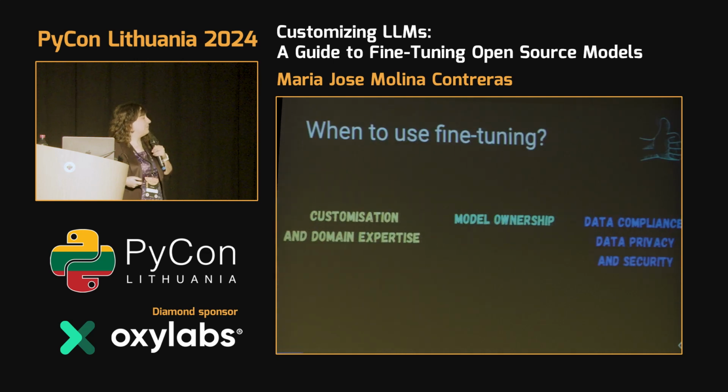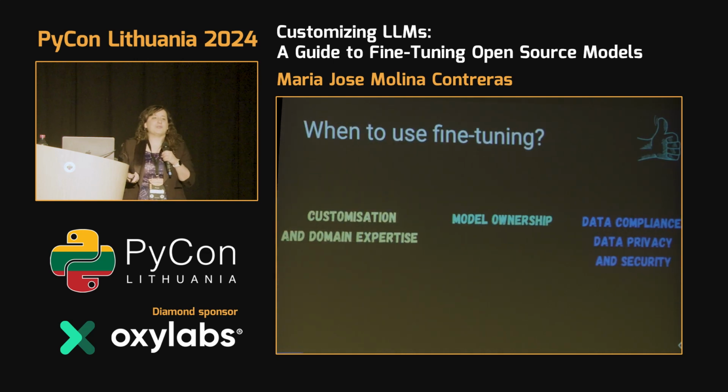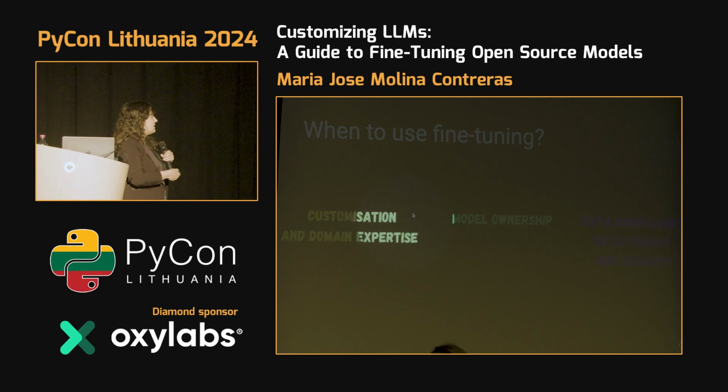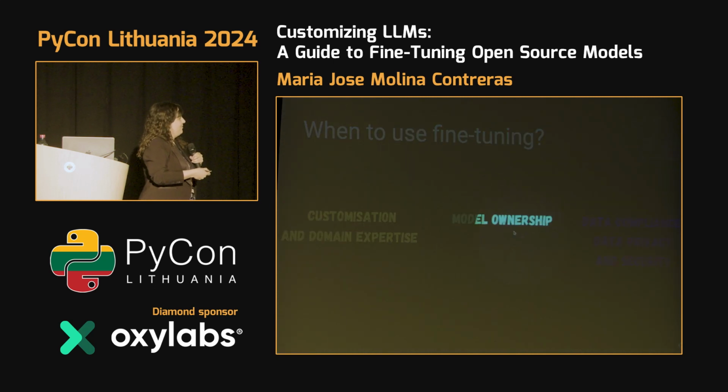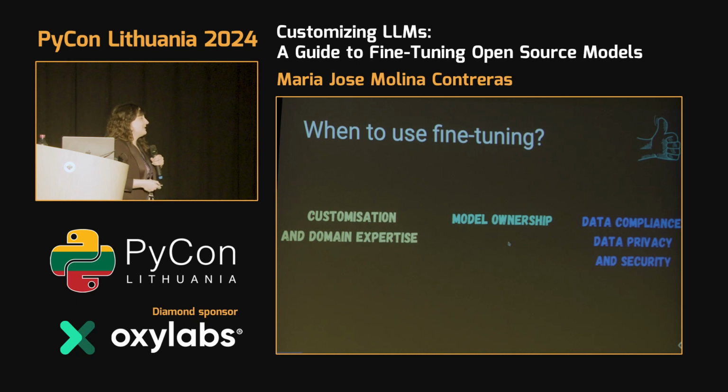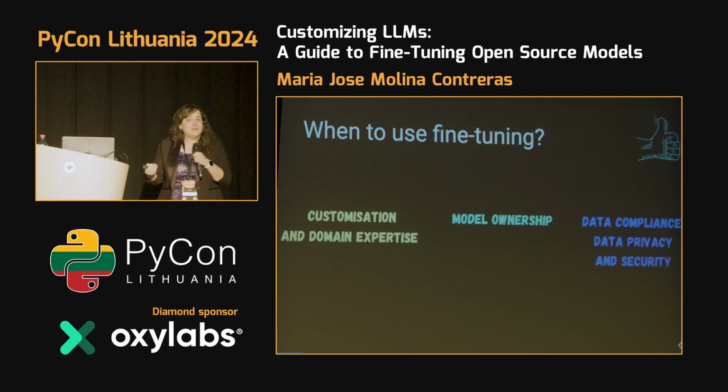This kind of helped me to think about when to use fine-tuning. And of course, this is based on my experience, my point of view. Maybe you disagree with that. But the first point is when you have a case where you need a lot of domain expertise and customization. For this case, it's very good to go for this technique. Another very good point, which companies love more than the ones who develop, is model ownership, because you are going to train a new model, and they are going to have this information.